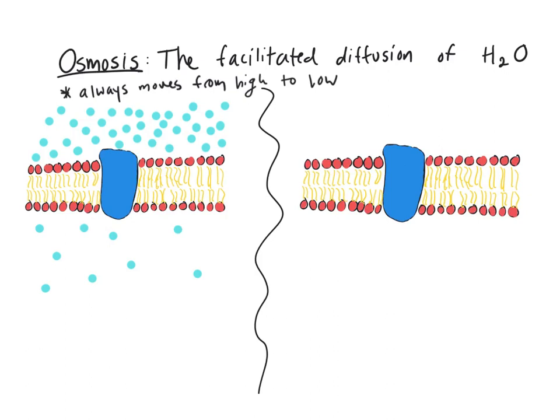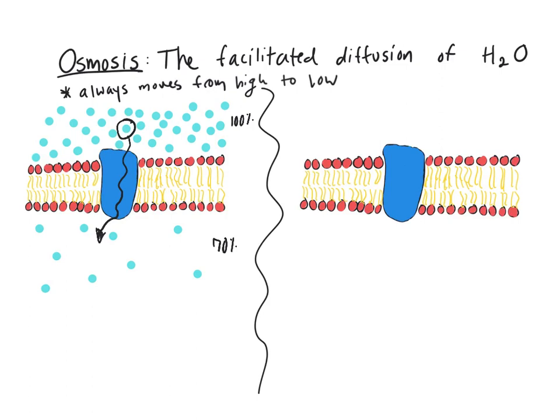So on the left-hand side drawing, you can see that this particular cell has been placed most likely in a solution that is 100% pure water, because look at all those water molecules. And on the inside, we have about 70% water. So what's going to happen is water is going to naturally pass through the aquaporin, or the transport protein for water, into the cell.